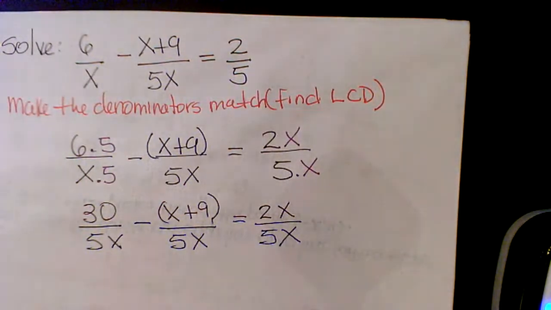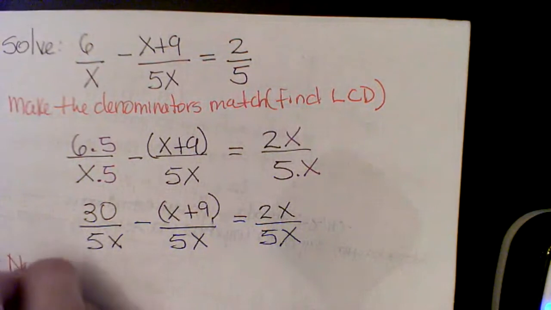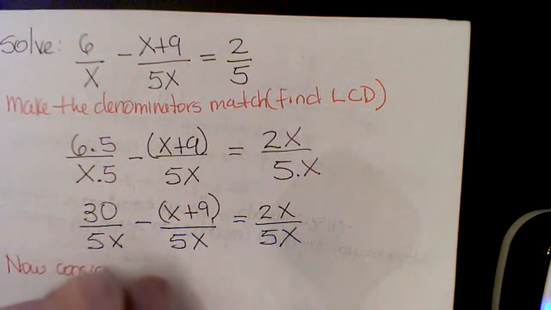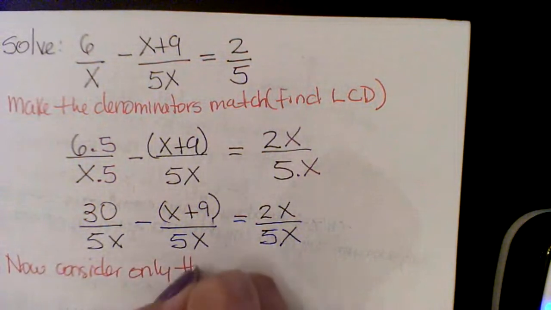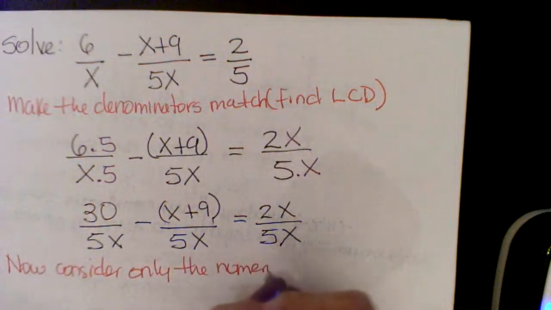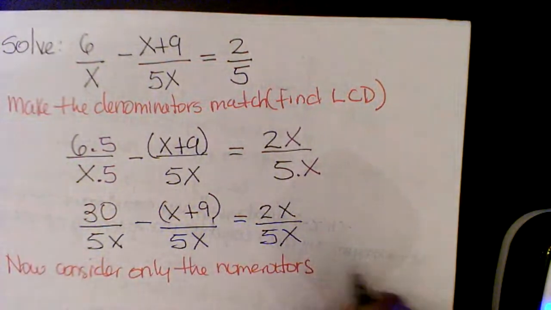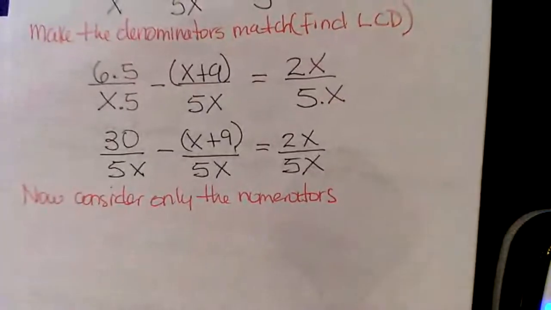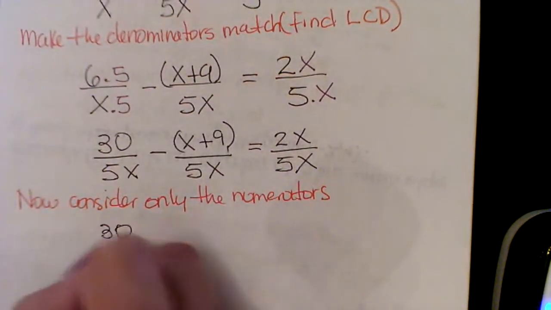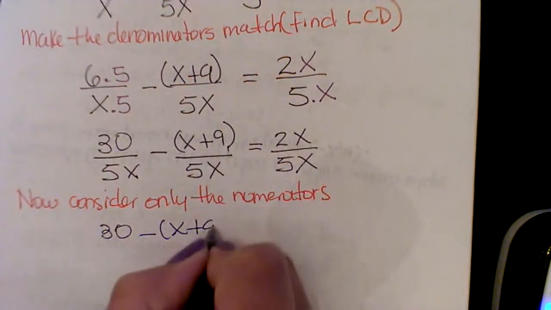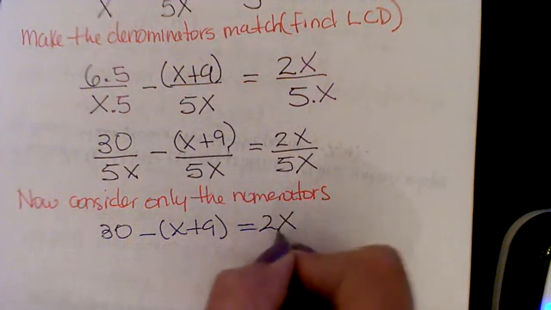So now, what are we doing? Now we're only going to consider the numerators. So let me write them down. The next steps will be to now consider only the numerators. So let's see how it's going to look. We're going to have 30x plus 9 equals 2x.